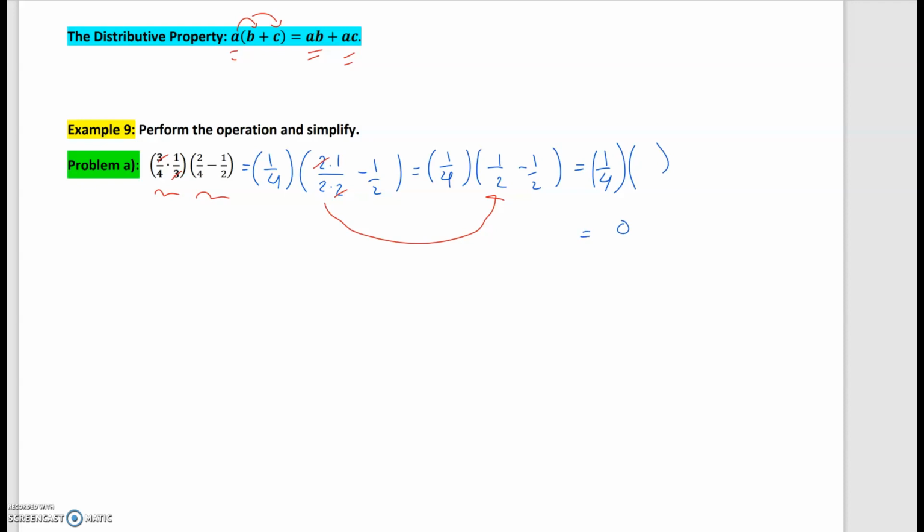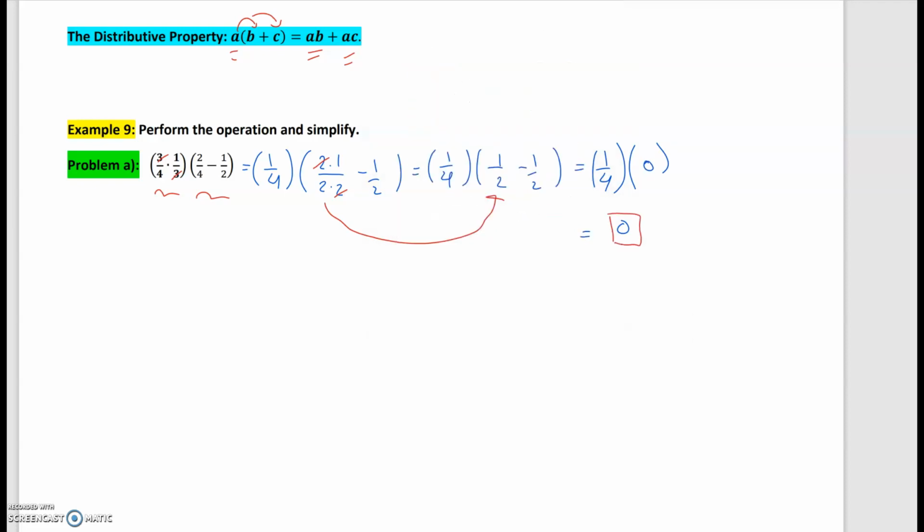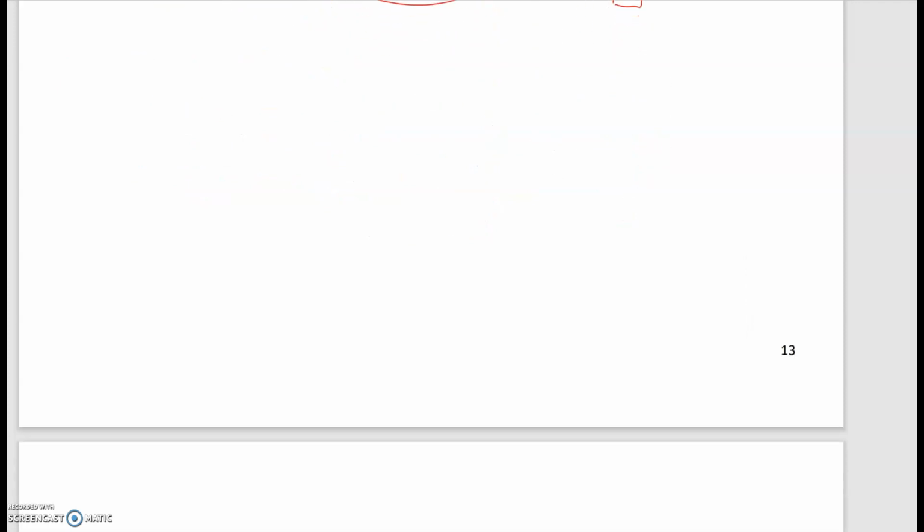The second parentheses actually cancels out. So our final answer is simply 0. That's it for this one. We end up with a multiplication of 0. Let's take a look at the second problem.